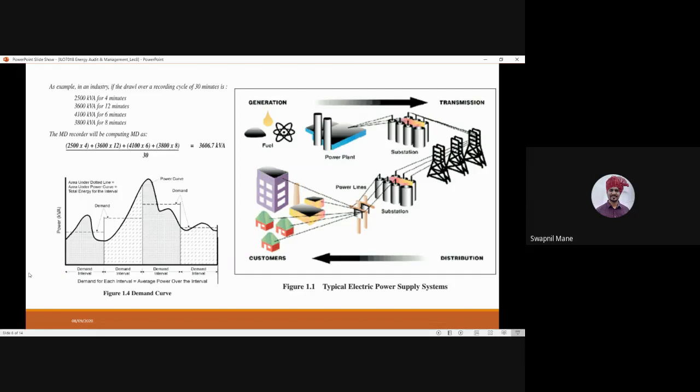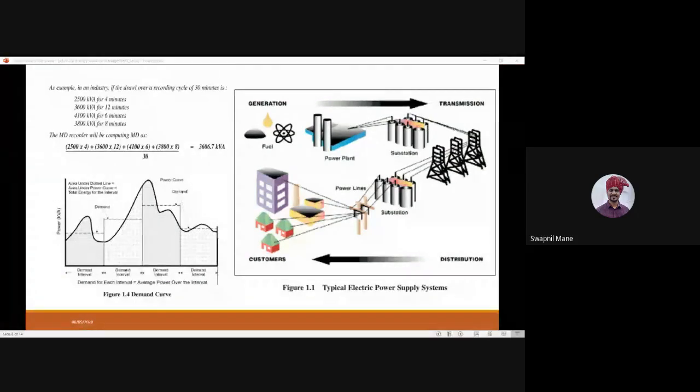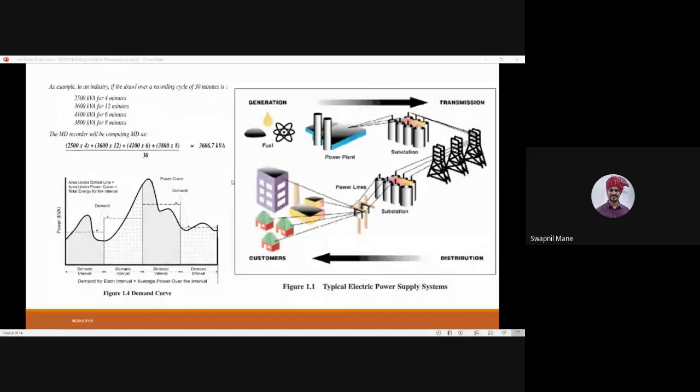So contract demand gives an advantage to supplier or distributor companies to design their power plant beforehand. Now they know that this much electricity is needed by that industry. So even though their maximum demand is less, they will be charged at that contract demand. You understood the difference between maximum demand and contract demand?